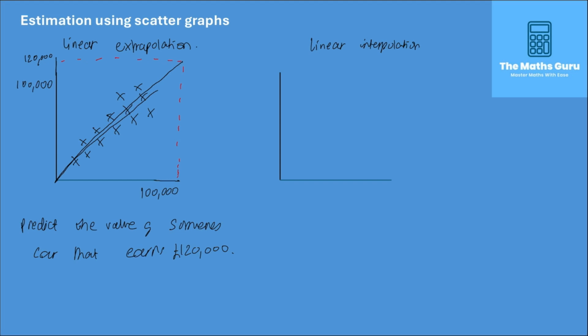So we can have our correlation graph, our scatter graph, like so, and say, okay, we have our line of best fit like this, and say there is a value in this data that we've plotted which falls in between the data points. So say this goes from 100 to 100,000, like we said before, and obviously this is going to be 100,000 here.